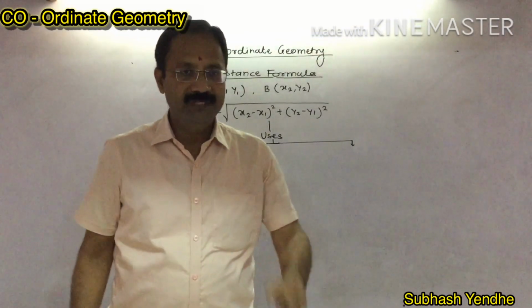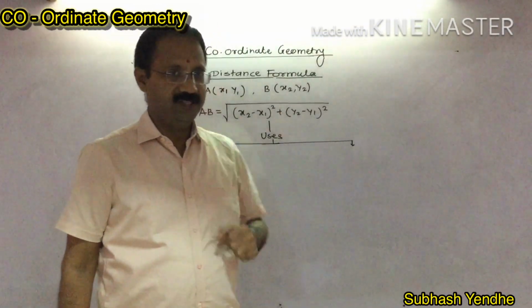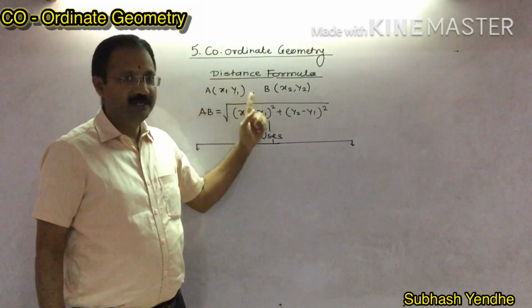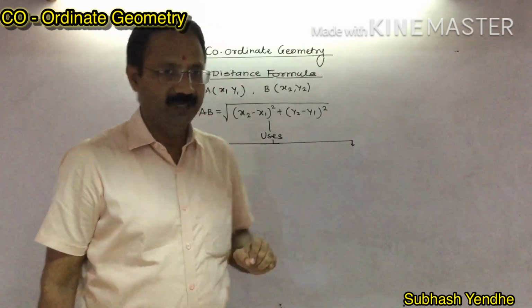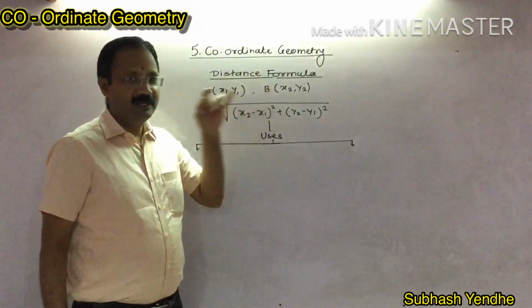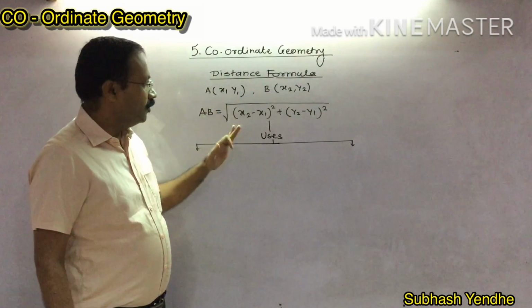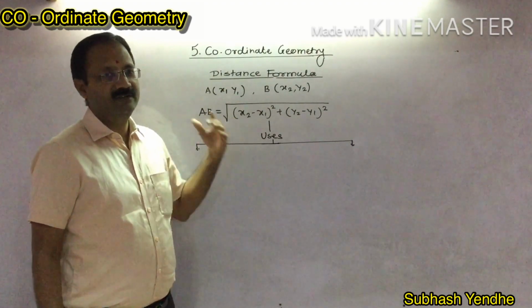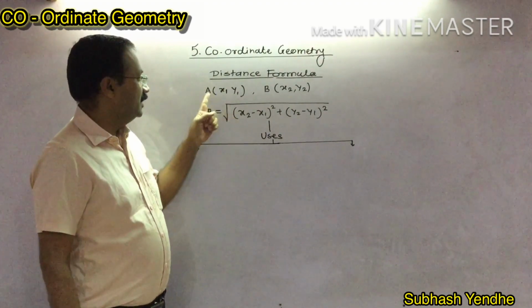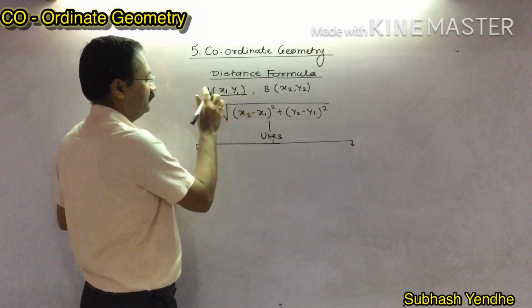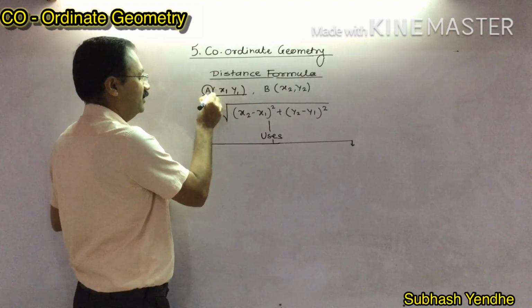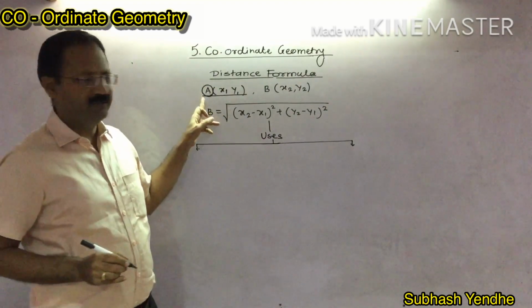Let's start with the first part of this chart. The first part is nothing but the distance formula. You have studied this one. So distance formula means what and how we can solve the sums. See, there is one coordinate A. A is one point, either A is one letter.